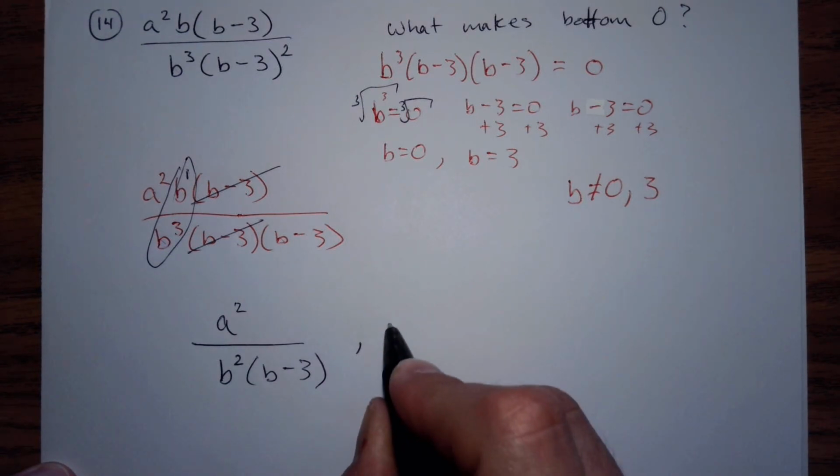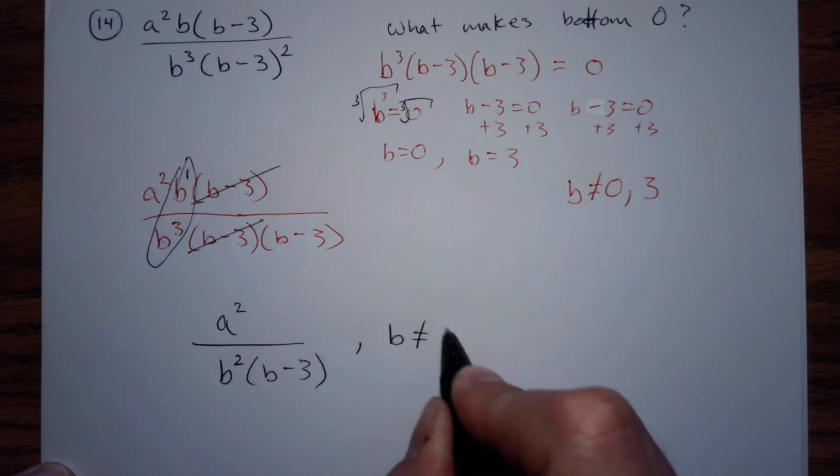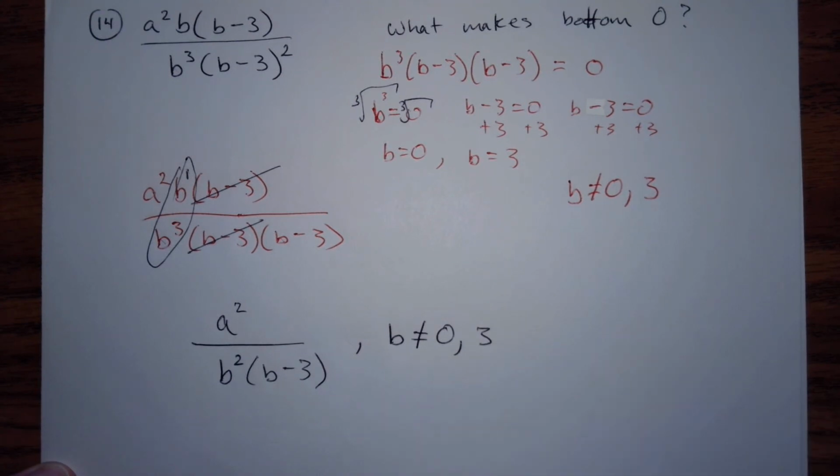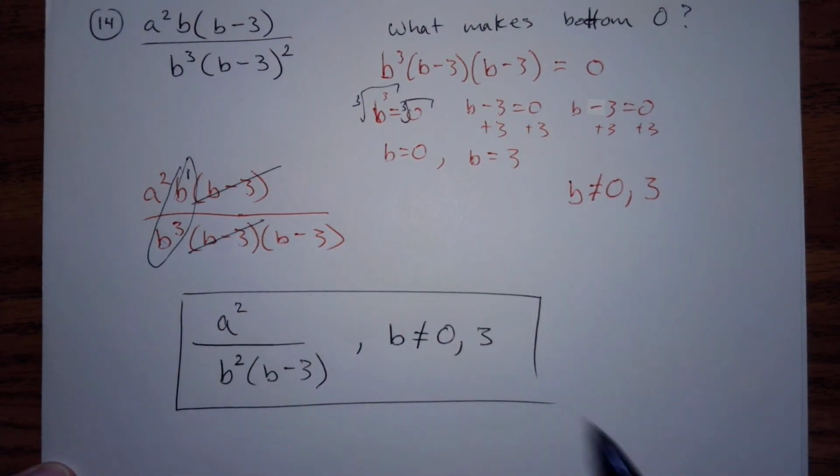Just make sure you state your restrictions. B does not equal 0 or 3, because I wasn't allowed to have them in the original, so I shouldn't have them in my simplified version. That's it.